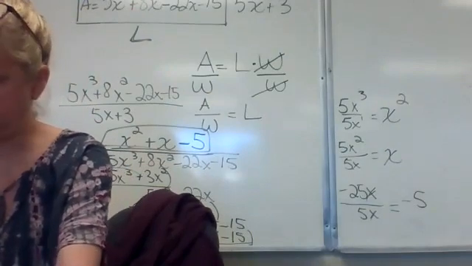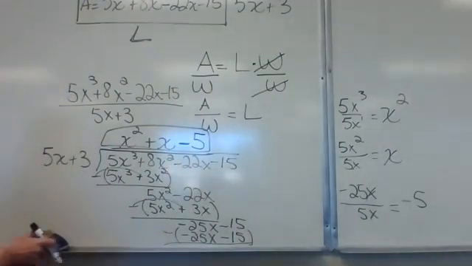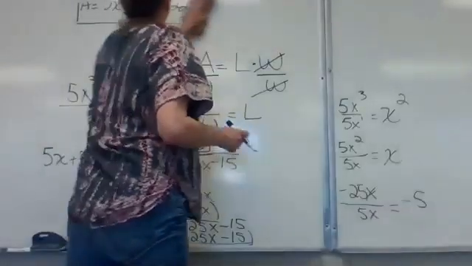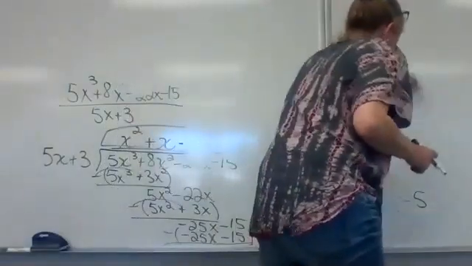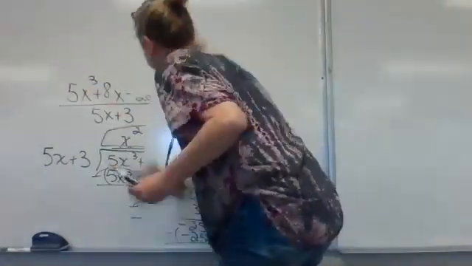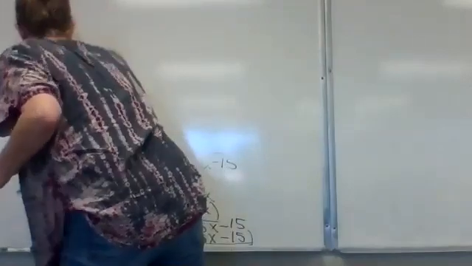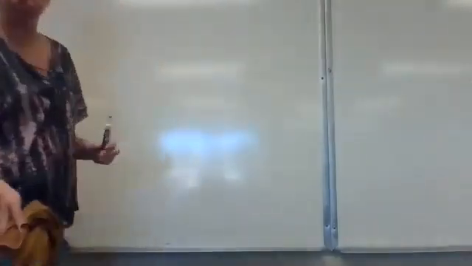All right, last one, number 8. All right, if the distance traveled is 5b to the third minus 5b squared.